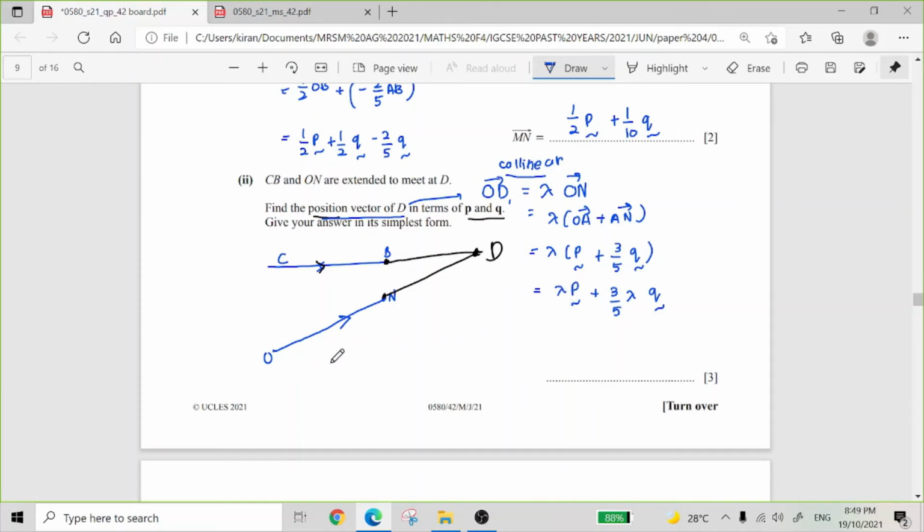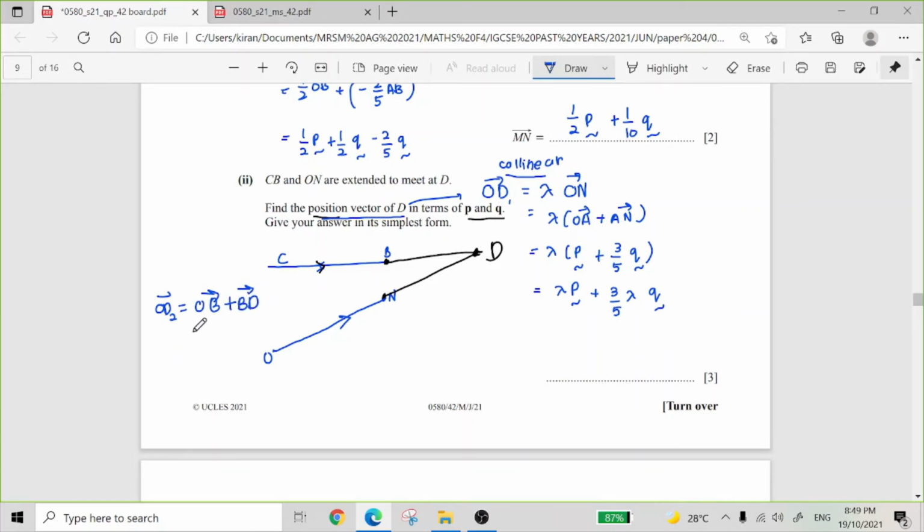Next is the second vector of OD. To get the value of the scalar multiple, we need another vector, and then we will equate the same vector. So for the second vector OD, we choose OB plus BD.